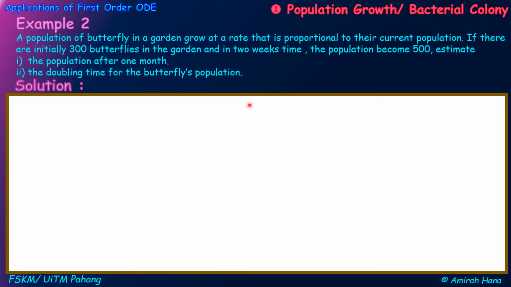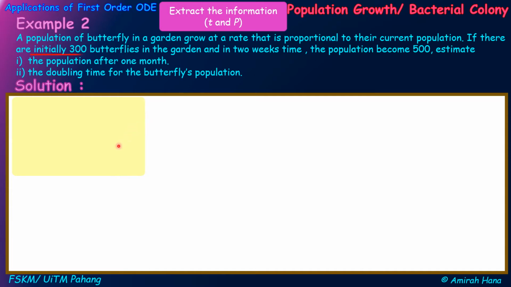Alright, to solve this problem, first we need to extract all the information and write T for time and P for population. So we check one by one.